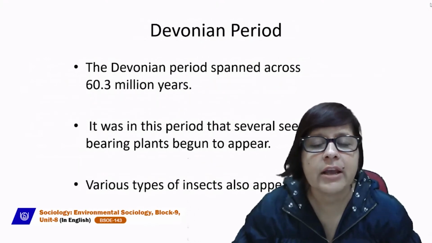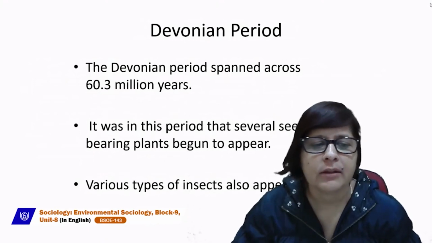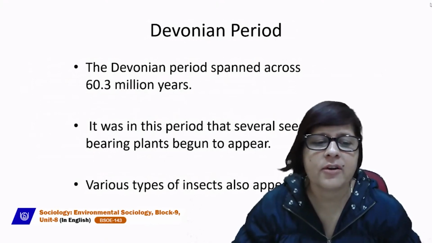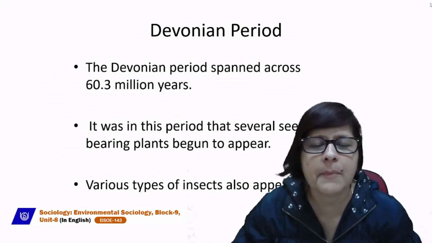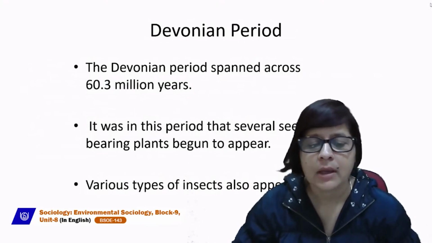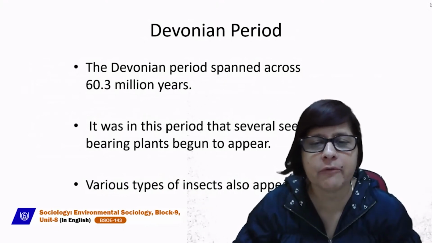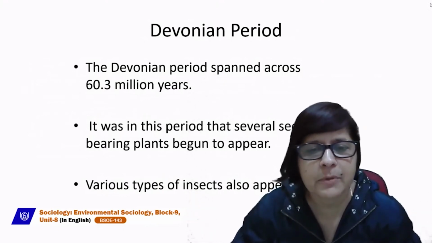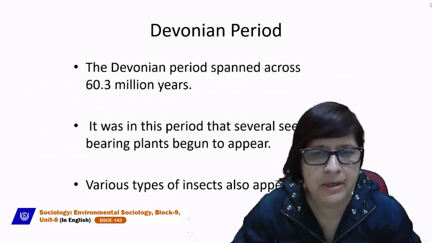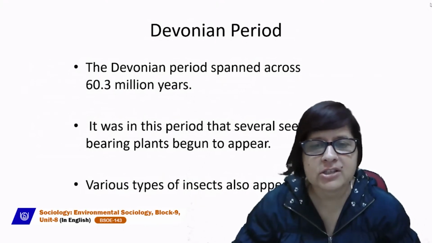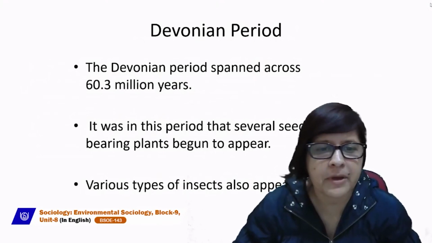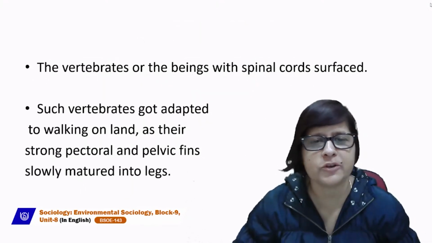After this is the Devonian period. The Devonian period spanned across 60.3 million years. In this period, several seed-bearing plants began to appear, and various types of insects also appeared.